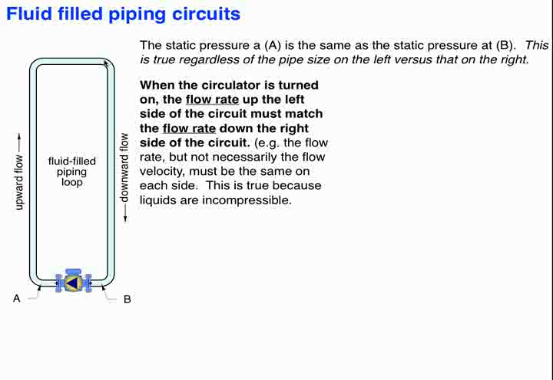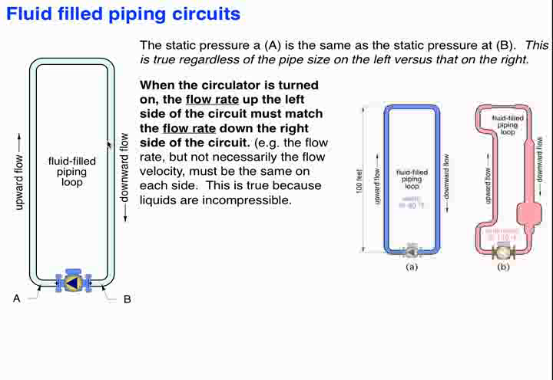We're also assuming, and this is a very valid assumption, that water is incompressible. Most liquids are incompressible. That means we can't squeeze them, we can't stretch them without tremendously high forces. Forces way beyond what we can exert on them with circulators. So we can't say that we can compress the water together on one side of the circuit and have it stretch out on the other or anything like that.